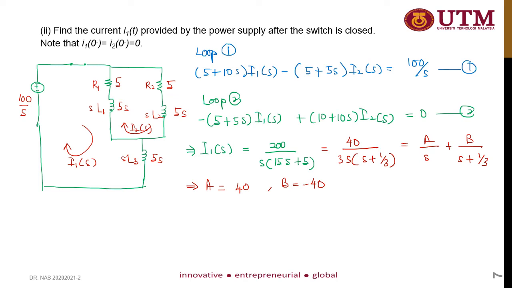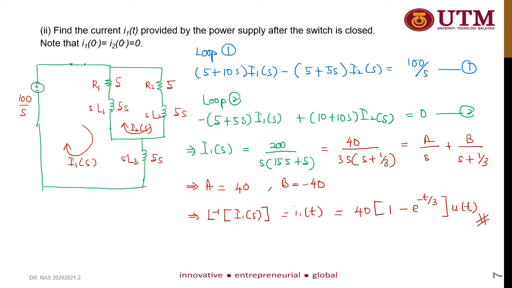Okay, so include the A and B values into the equation. So next you need to perform inverse Laplace transform. So inverse Laplace transform of I1(s) will produce I1(t), which is supposed to be 40(1 minus e^(-t/3)) u(t).